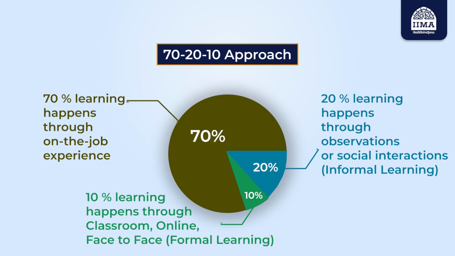You can follow the 70-20-10 principle, which is 70% of the learning should be on the job, 20% of the learning should be based on social interaction, and 10% of the learning should be based on a classroom.